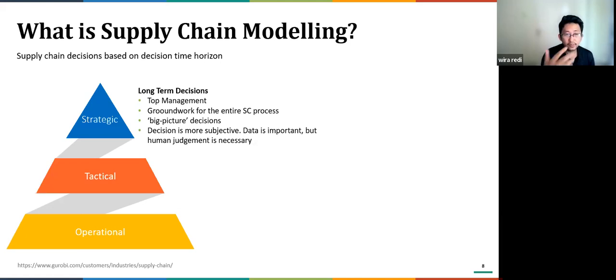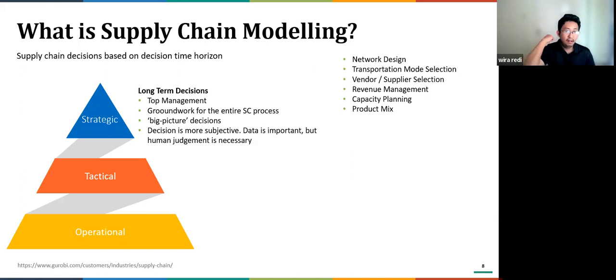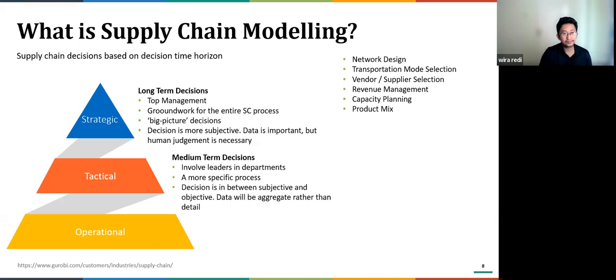Okay, and human judgment is more necessary. Here the executive comes into play. These are examples: deciding the network design, the vendor network, how you will create revenue in revenue management, capacity planning, and so on.